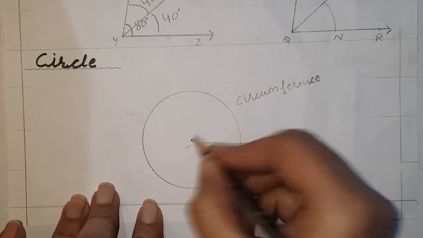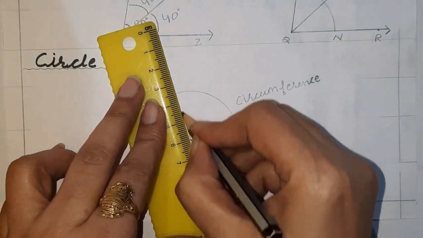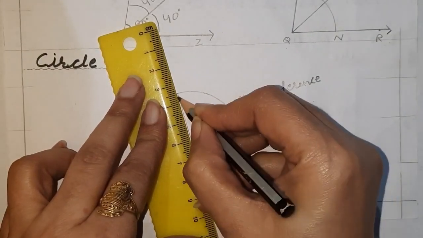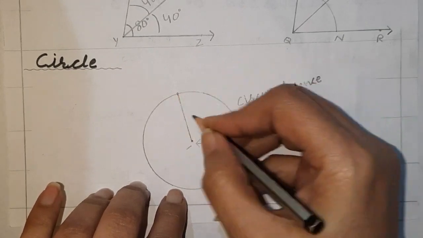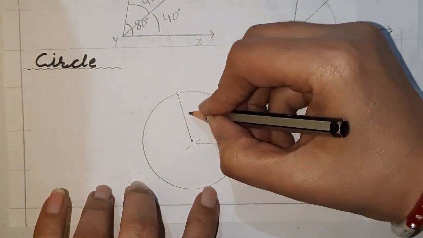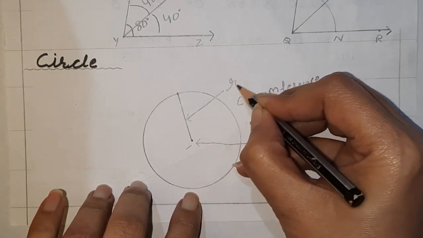And from this fixed point, when we draw a line segment which will touch the circle, this is known as the radius.